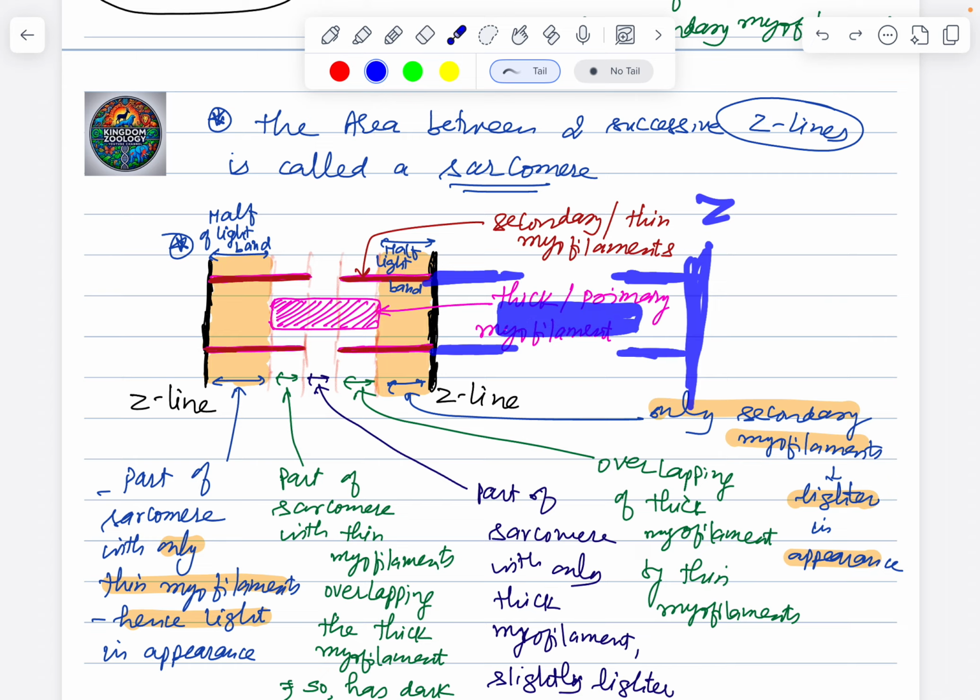So this is the next half of the light band. So that will be now your entire light band. The Z line is bisecting it. So half of the light band belongs to one sarcomere, the other half belongs to the next sarcomere.